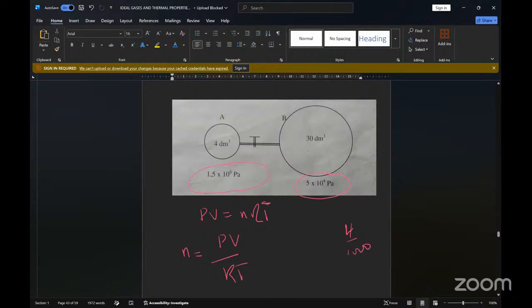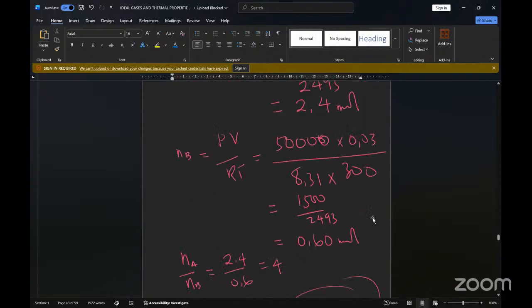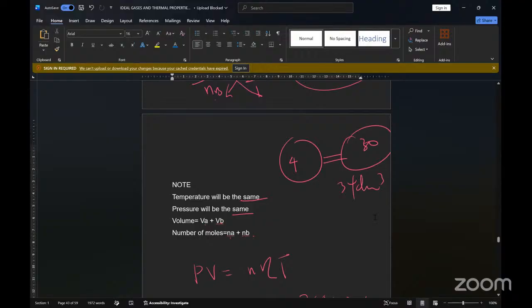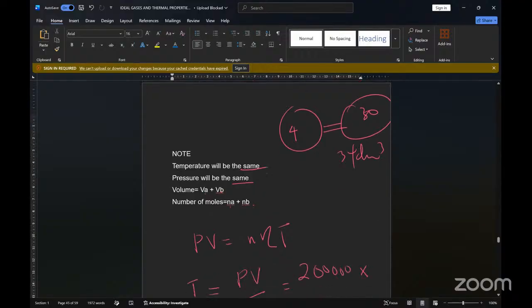That's the total volume that the gas occupies. So it's going to be 4 plus 30, which is 34. And remember, it's in decimeter cube, so we have to change it to meter cube. You divide the 34 by 1000. So this is going to be 0.0034.